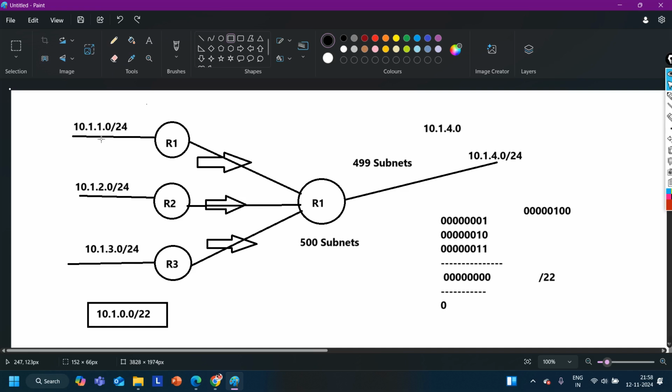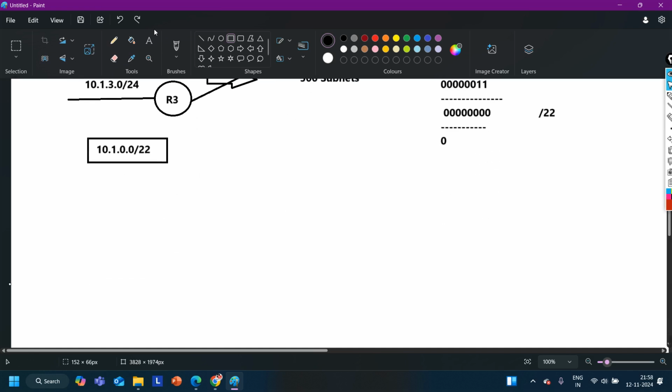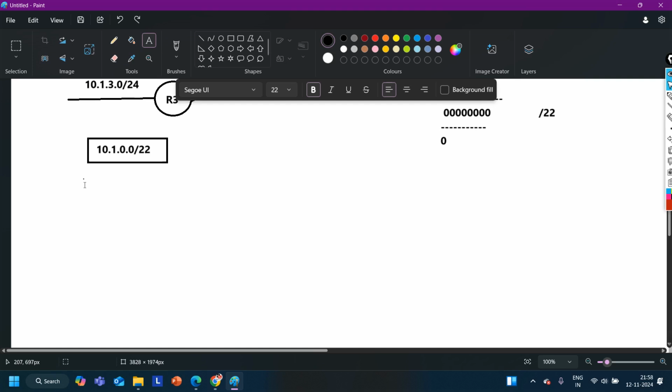4 subnets are there, 1.1.1.0, 2.0, 3.0, and next 4.0. Okay, see, tell me, subnet mask 255.255.255.